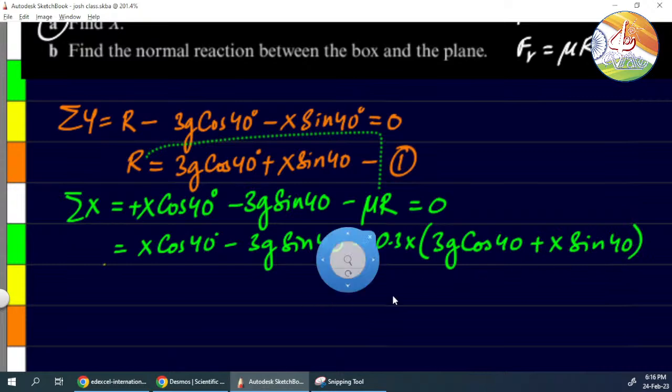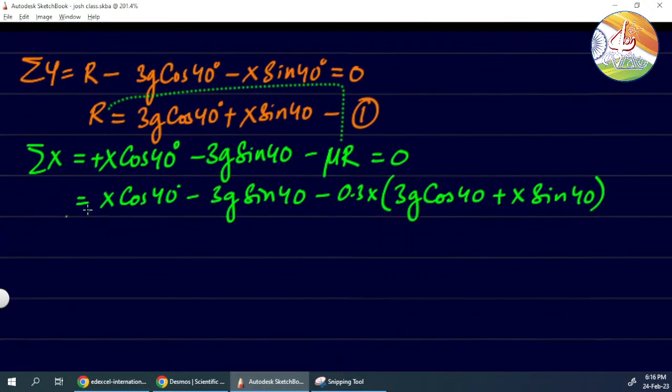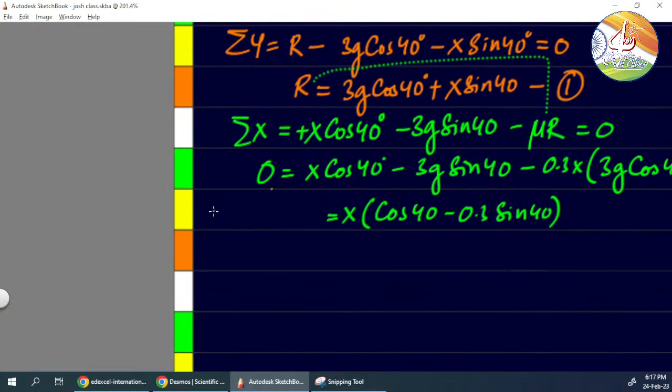Okay, so the equation is a little large. Total should be 0. So keep the X values on one side and send the other terms to the other side. So X cos 40 will stay here, then on this side X is there, so we will get minus 0.3 sine 40. So this will stay on the right side. Send the constant terms to this side, so we get 3g sine 40.